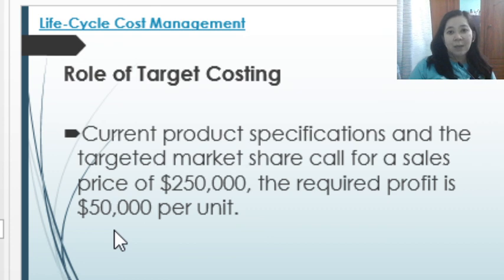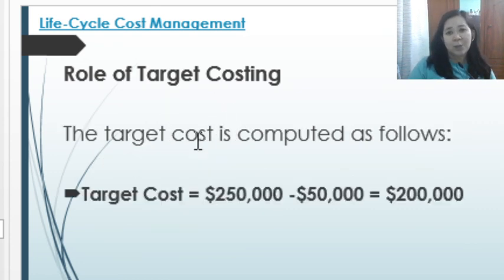Based on the given data, we can now solve for our target cost. You just deduct, or get the difference of the two. So here the target cost of producing the trencher is $200,000. That's how we determine the target costing. That's for life cycle cost management.